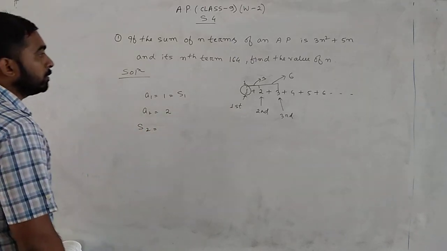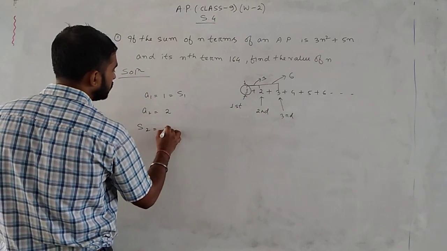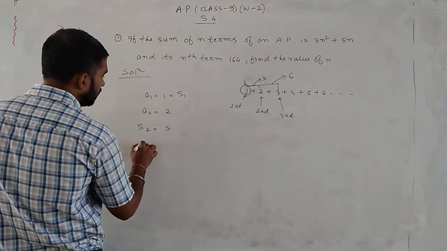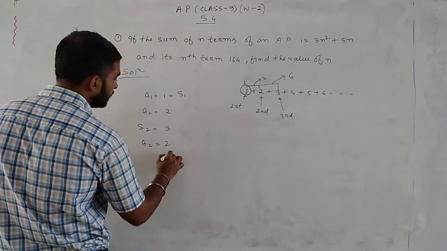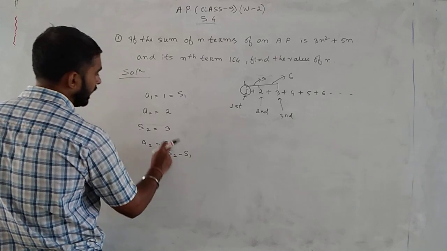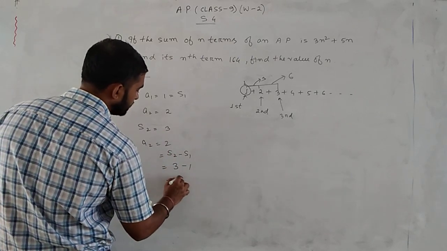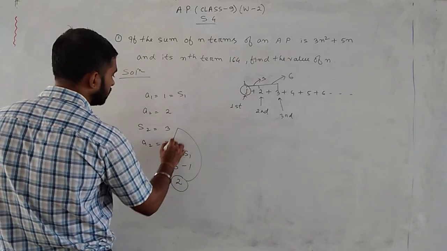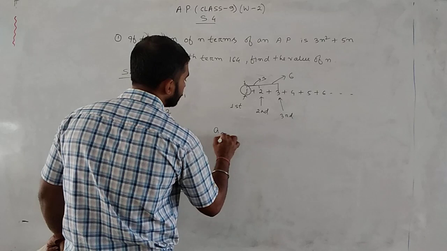S2 is the sum up to second term, which is 1 plus 2, 3. Now A2 equal to 2. So if we subtract S1 from S2, that is 3 minus 1, is that equal to A2 or not?